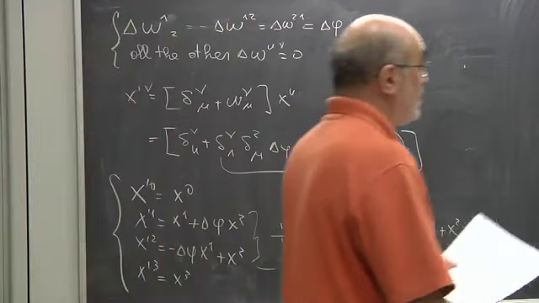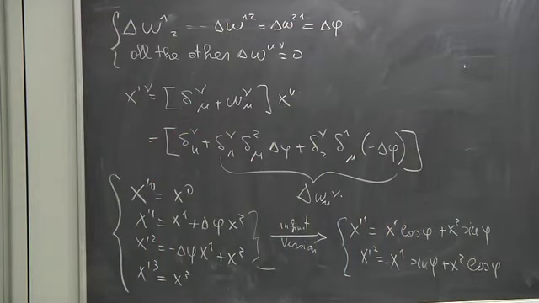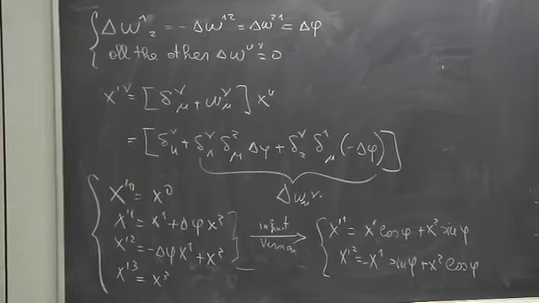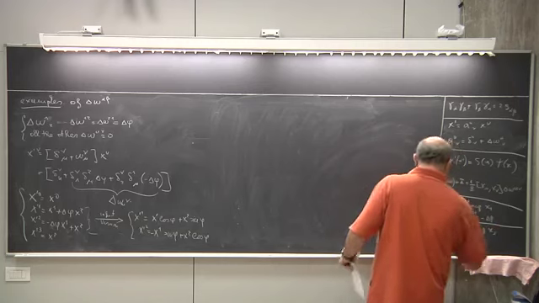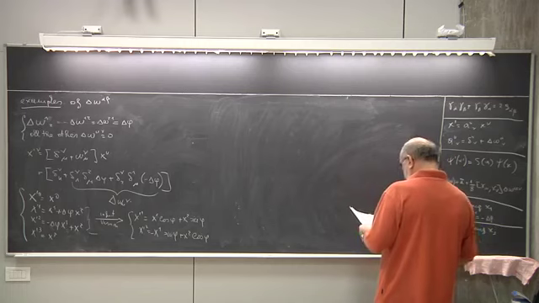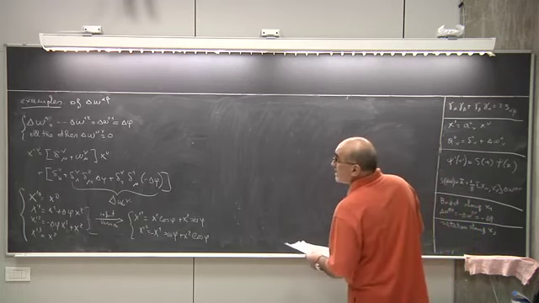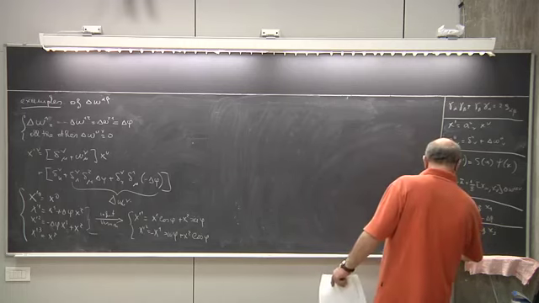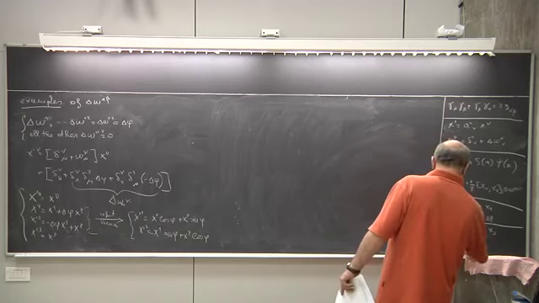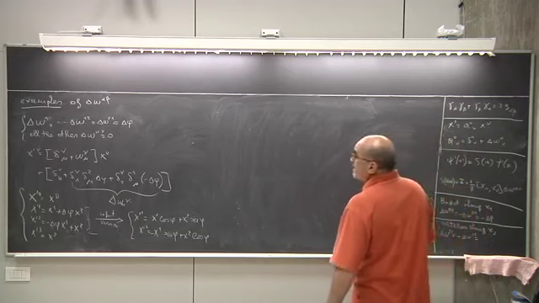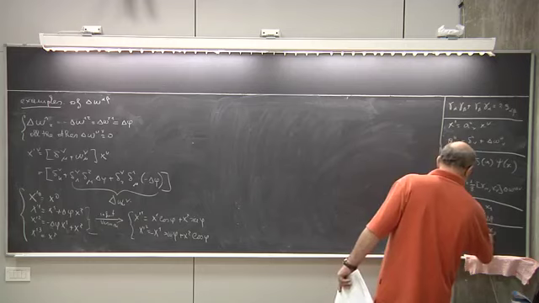So we have found the rotation along x3. The parameters are delta omega 2,1 is equal to minus delta omega 1,2, and is equal to delta phi.